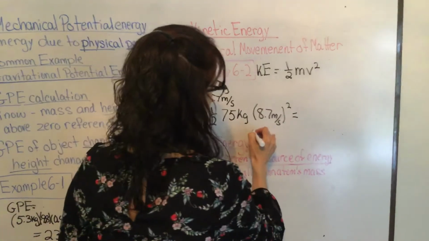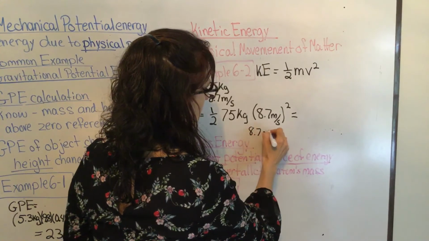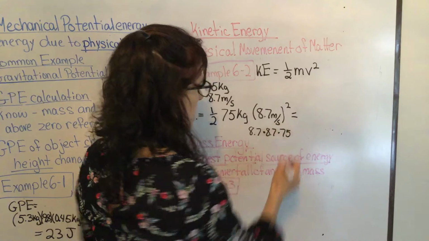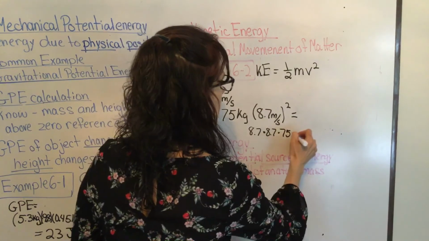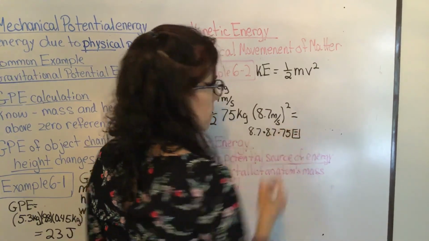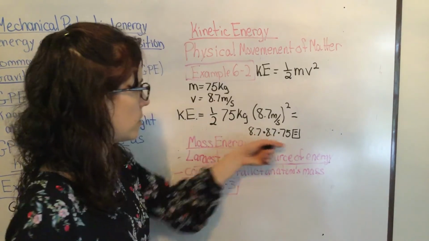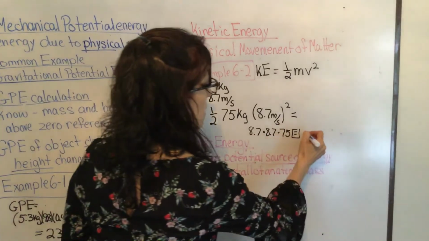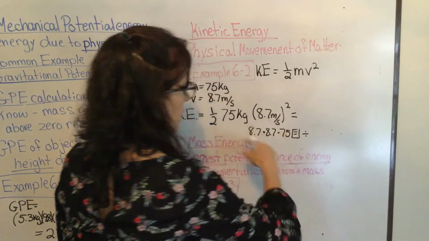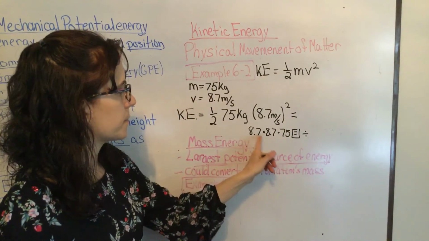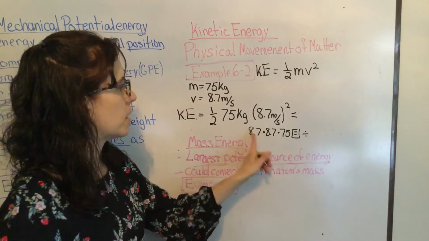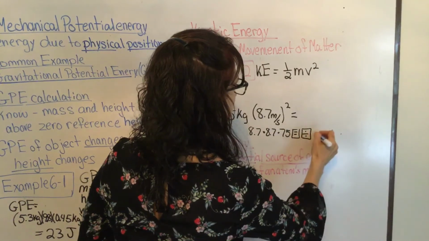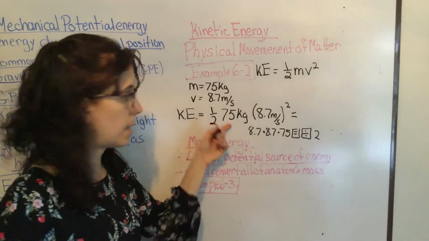So I'm going to write that out here. 8.7 times 8.7 times 75, okay? Hit the equal sign before you divide, so that your calculator knows. You're going to multiply all these out anyway. And then you're going to divide by 2 because 2 is in the denominator.